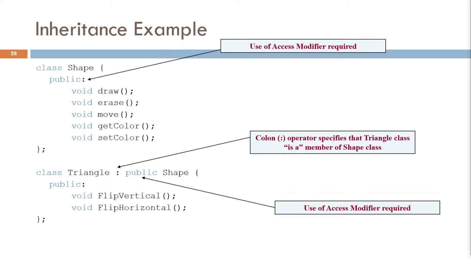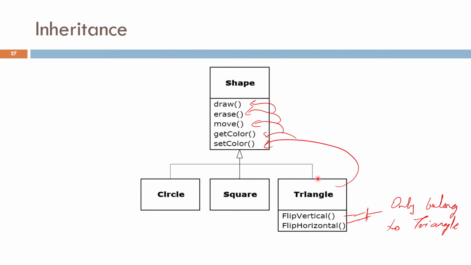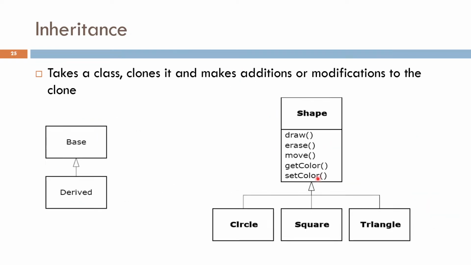Yep, it's the same concept as base and derived. Base and derived is basically saying the base class is what we are inheriting from, and our derived class is what we inherit to. So our base class is the first class that we start with, and then the derived classes will be inheriting from our base class.